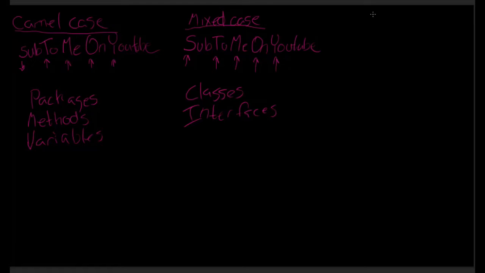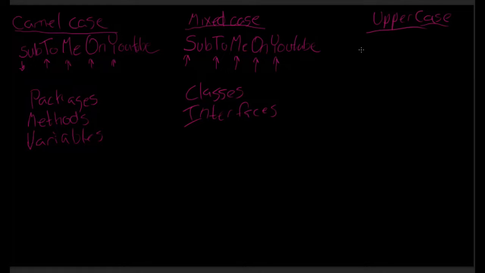Then the last one is uppercase. And this is just what it sounds like. However, if I used uppercase on every single letter, it would be really hard to tell what it is, just a jumble of words.